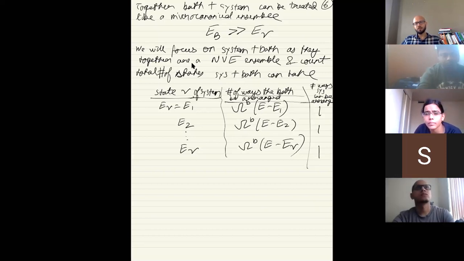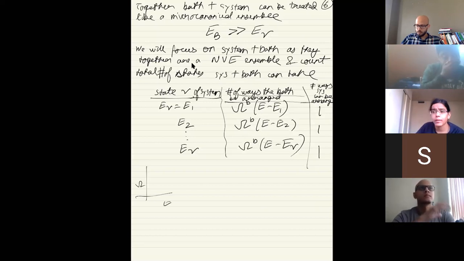The number of ways the system can be arranged is always going to be smaller than the number of ways the bath can be arranged. Remember why? Because in the last class, we talked about how omega as a function of E explodes, right? So the bath is somewhere here, and the system is somewhere here.